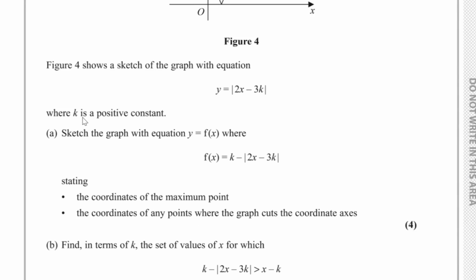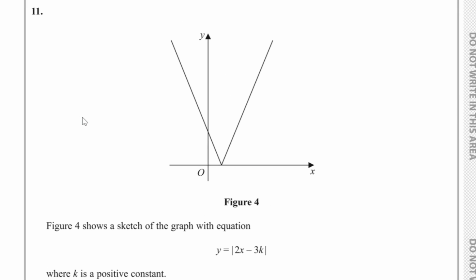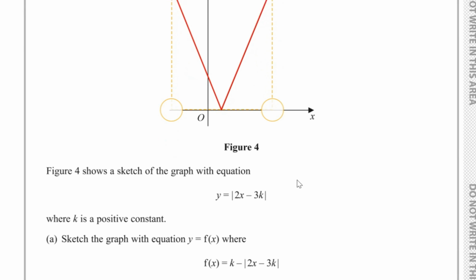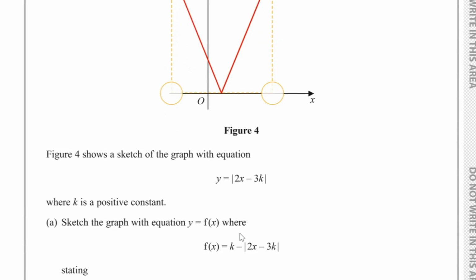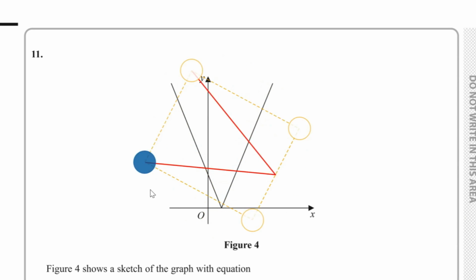So to do this, let's first of all consider y equals the mod of 2x minus 3k, the graph over here. Now with this graph, the minus here suggests to us we need to reflect this.